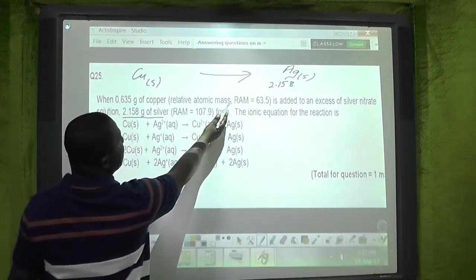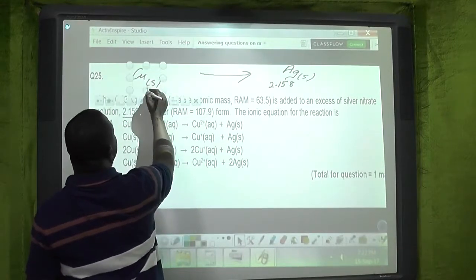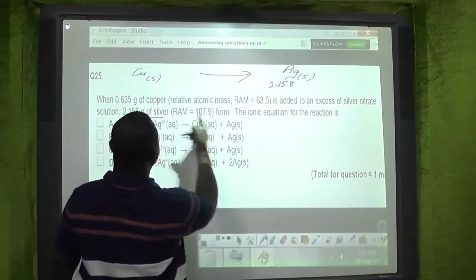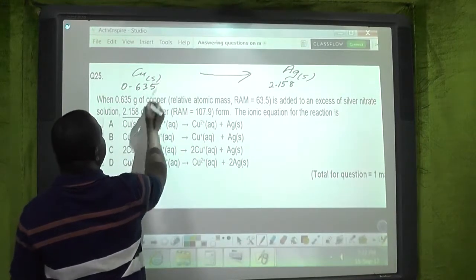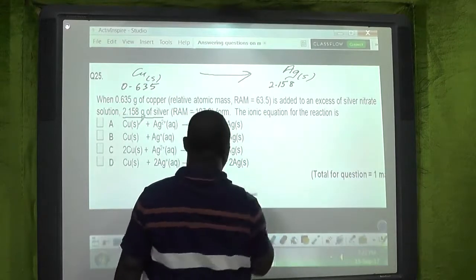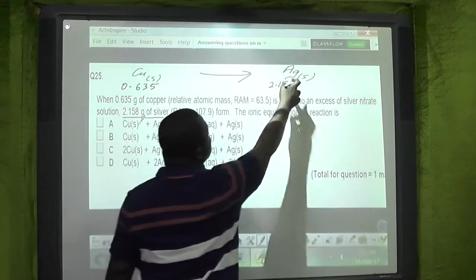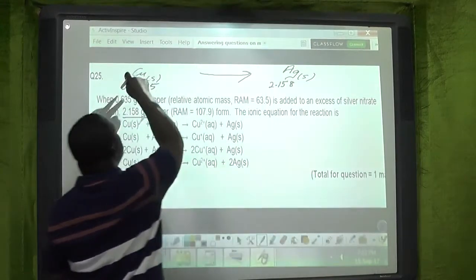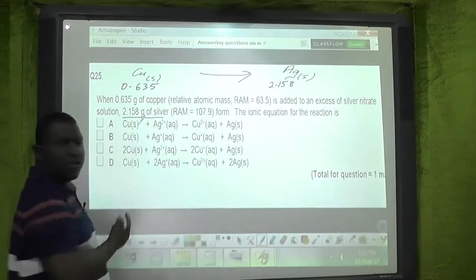And what is the amount of copper given to us? 0.635 of this, and it gave us this. So how many moles of this did we use, and how many moles of this were produced? If you know the ratio of this to this in moles, then you'll be able to get it from the equation.